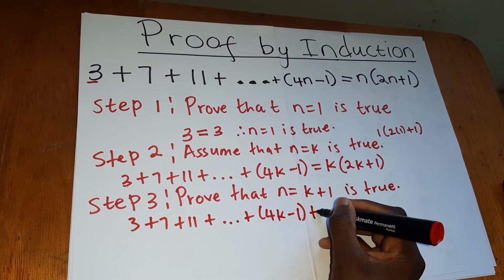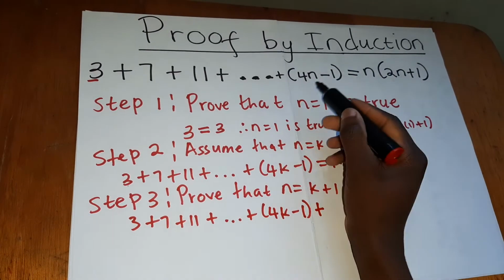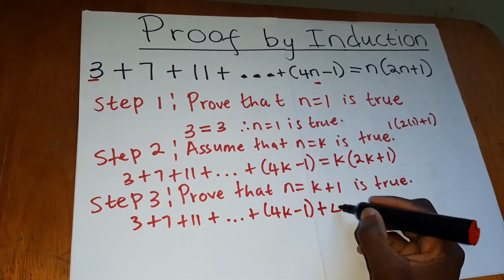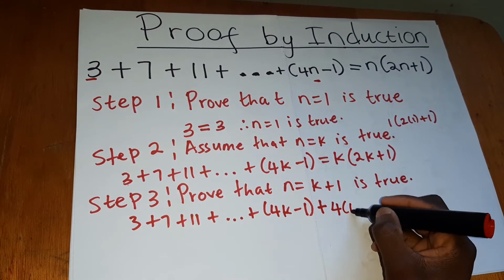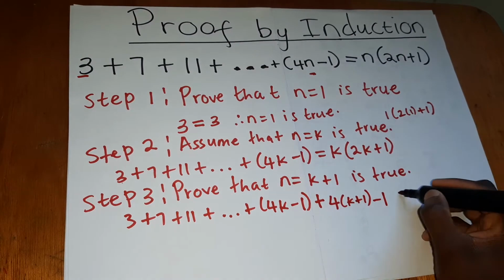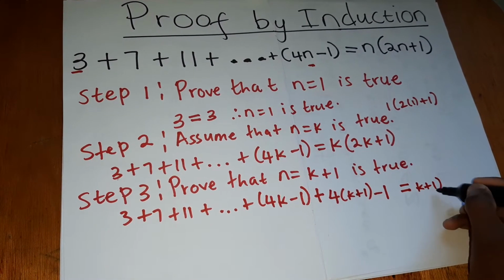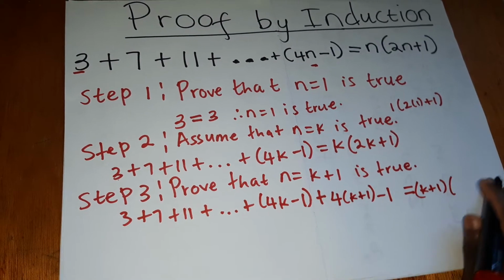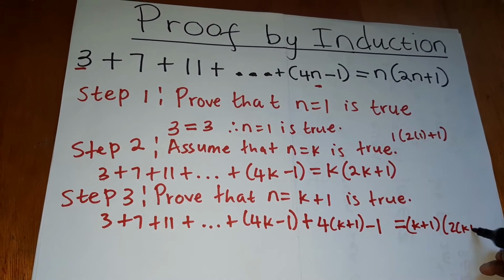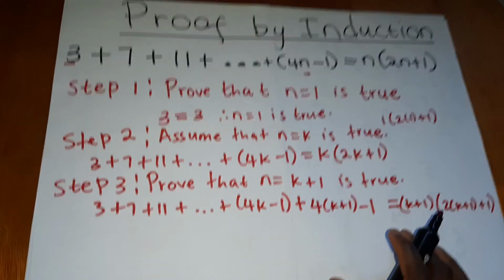Now we will add another term, and where there is n, we will put k plus 1. So we have 4 multiplying k plus 1 minus 1 is equal to, where there is n again, we put k plus 1 multiplying 2 times k plus 1 plus 1. This is what we have.